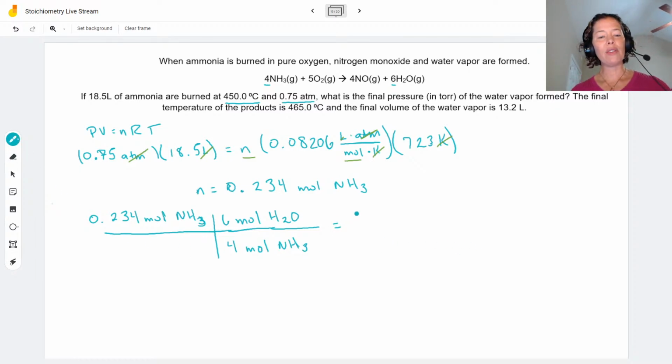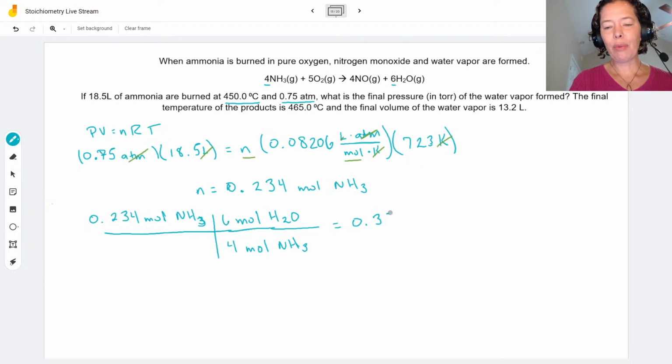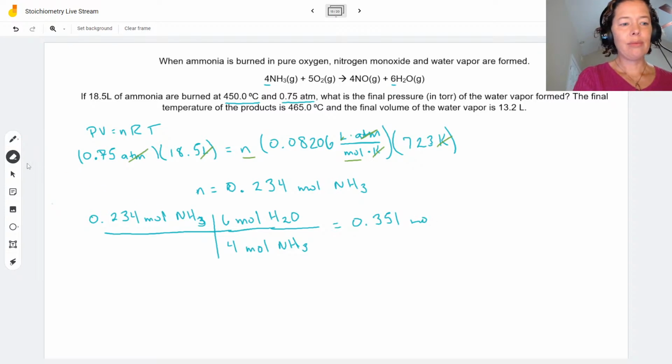Although if you ever find yourself converting to grams and you realize you shouldn't have done that, it's easy. Just convert back to moles. It's not a problem. And this gives me 0.351 moles of water vapor.